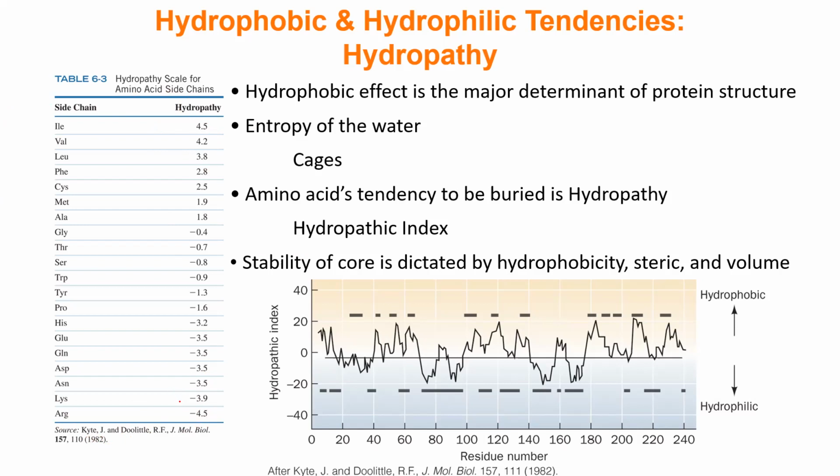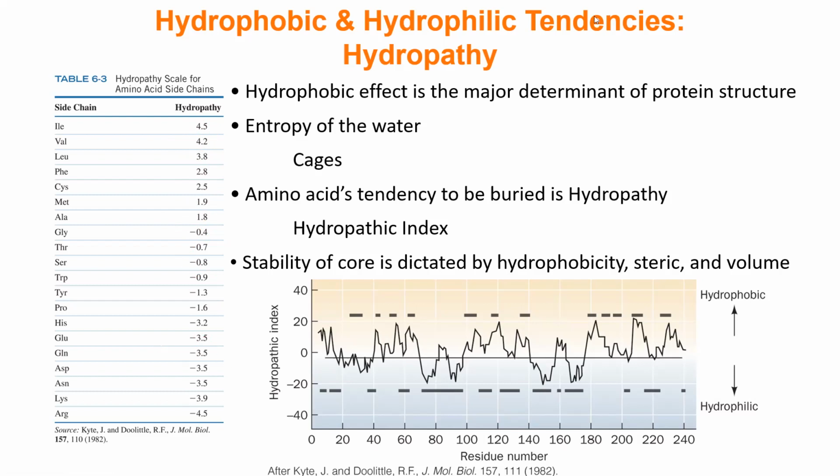But in general, if an amino acid has a positive number, that means it's likely to be buried. It's hydrophobic. If it's a negative number, it's hydrophilic. So the bigger you are, the more positive you are, the more hydrophobic you are. The more negative you are, the more hydrophilic you are.